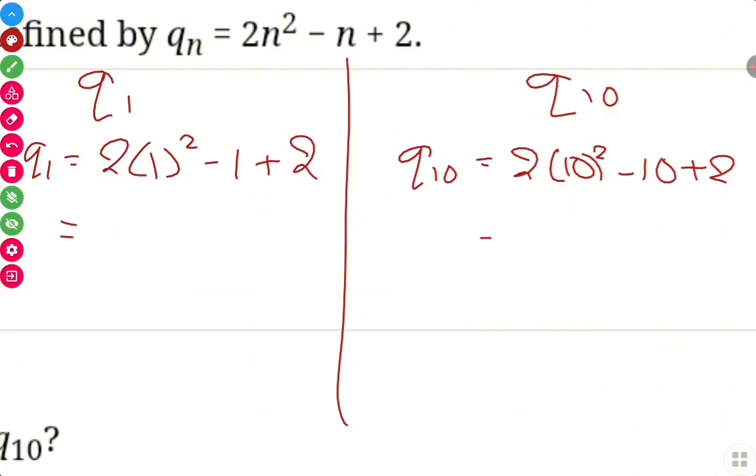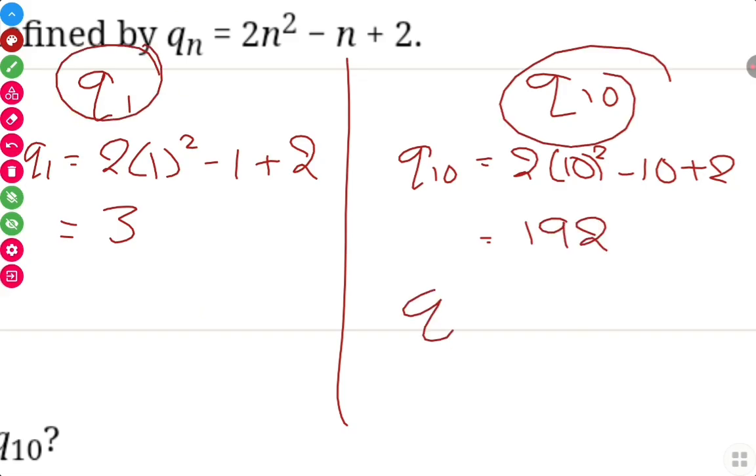So put each one into calculator. 2 times 1 squared minus 1 plus 2 is 3. And then 2 times 10 squared minus 10 plus 2 is 192. They want Q1 plus Q10. Q1 plus Q10 is 3 plus 192, which is 195.